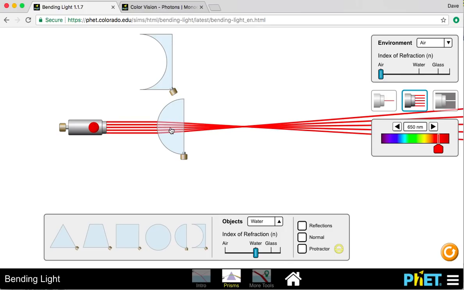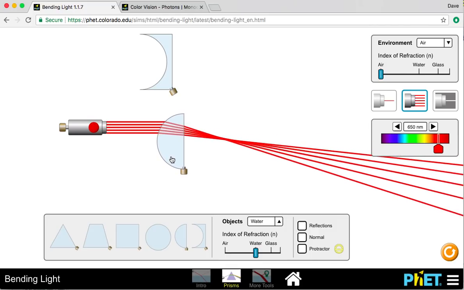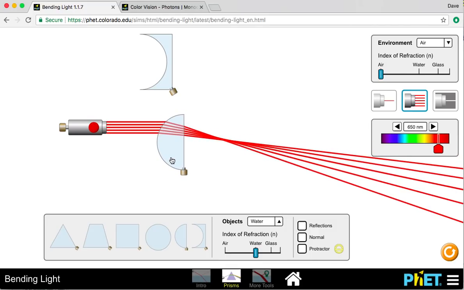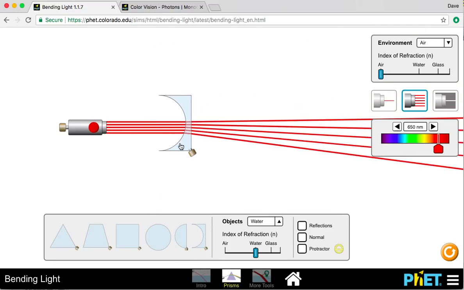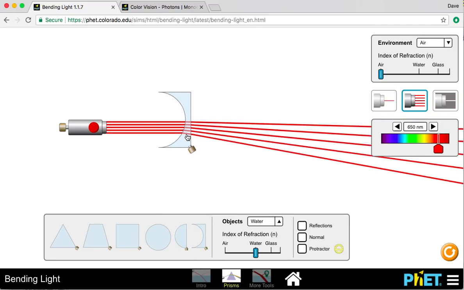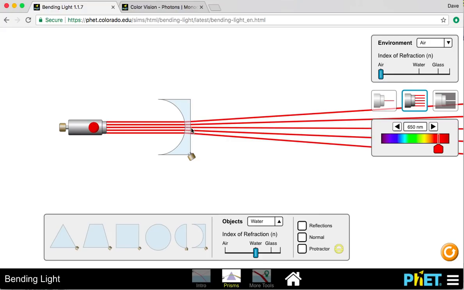So you would think these ones bend more, but since they hit it at a right angle, they bend less. You can probably see it better when you do it like this. And then these ones, the ones in the center, are passing through the least, so they bend the least, and the ones on the outside are passing through the most, so they bend the most.